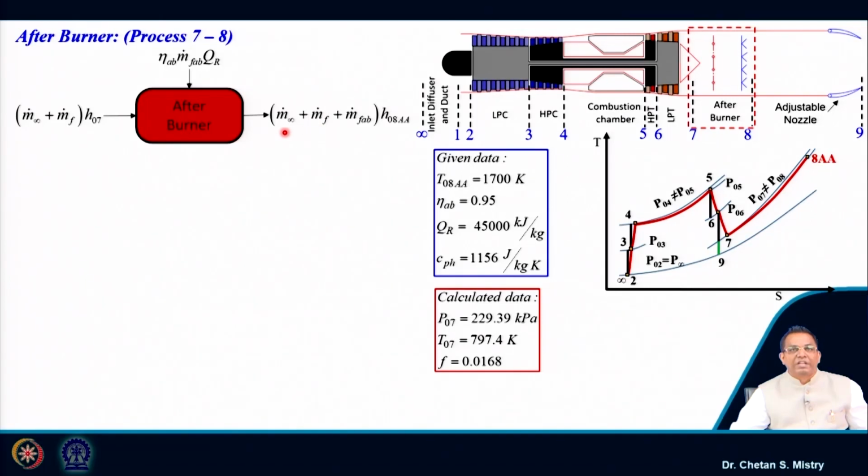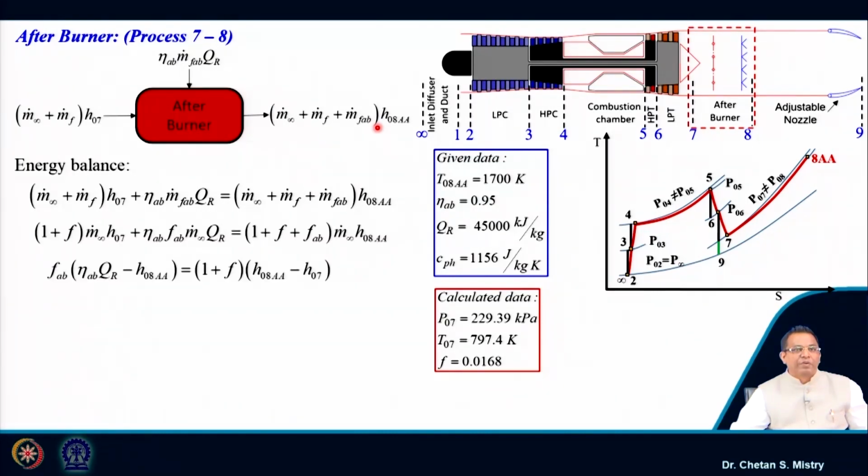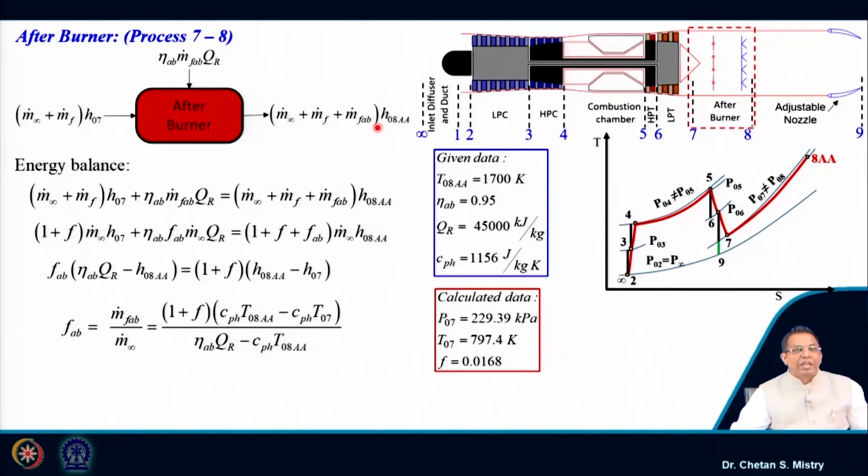So, you can say it is (m infinity plus mf plus m dot fab) into H08 AA. Now, let us try to write down this equation, and if we are writing this equation, we are able to write down the formulation for the fuel air ratio required by the afterburner.